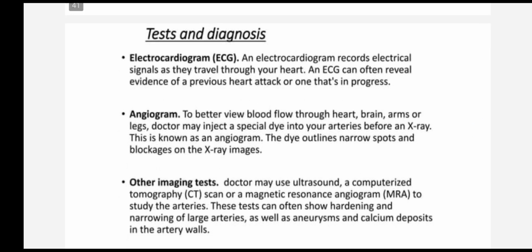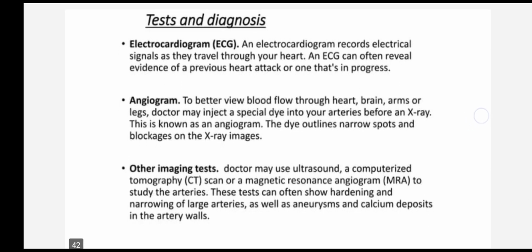Tests and diagnosis. Electrocardiogram. An electrocardiogram records electrical signals as they travel through your heart. An ECG can often reveal evidence of a previous heart attack or one that is in progress.